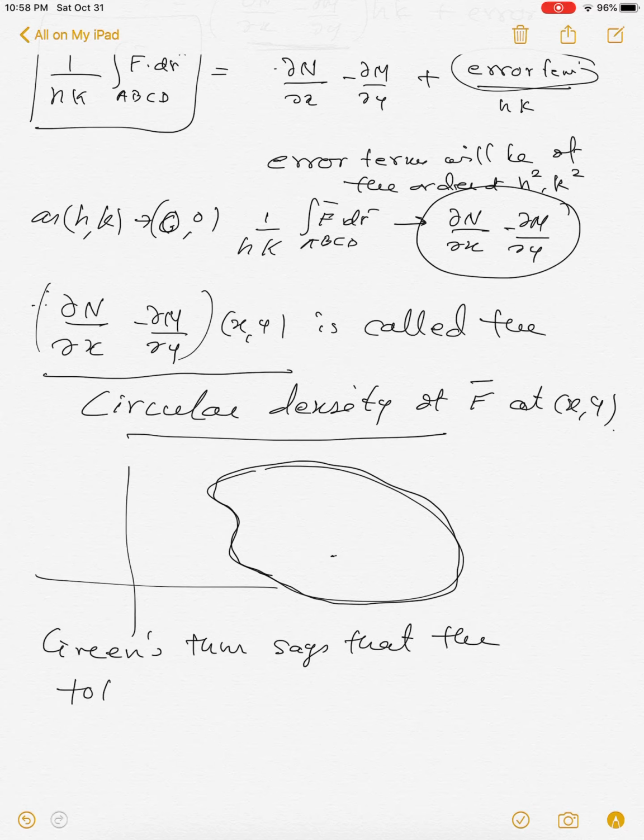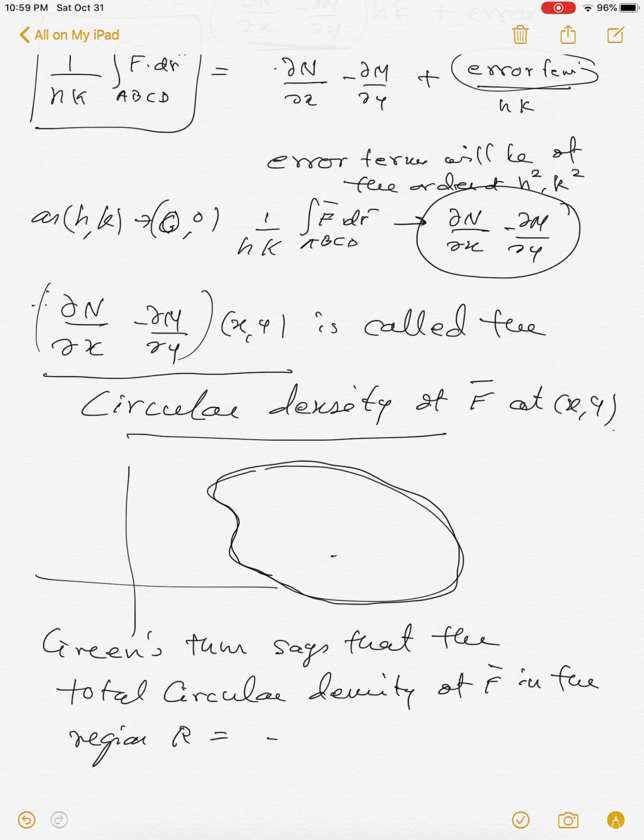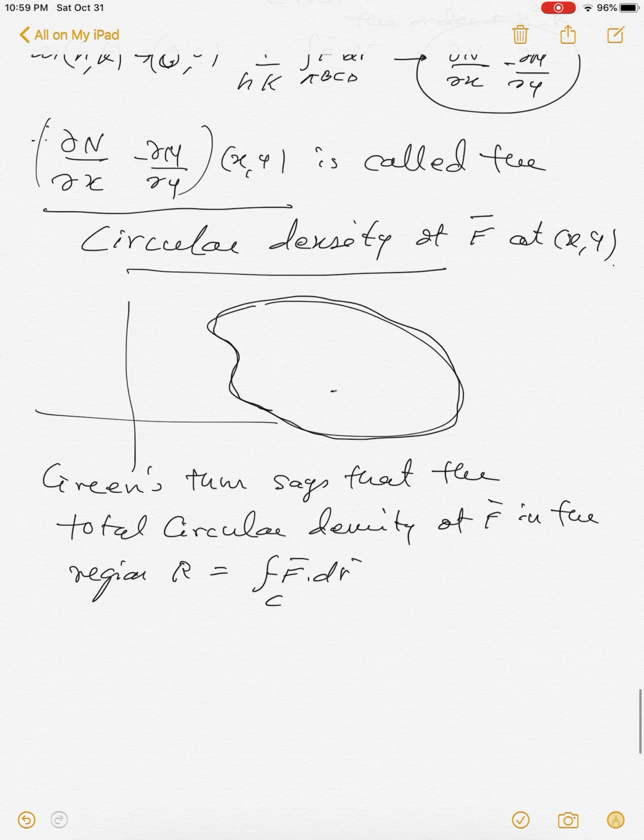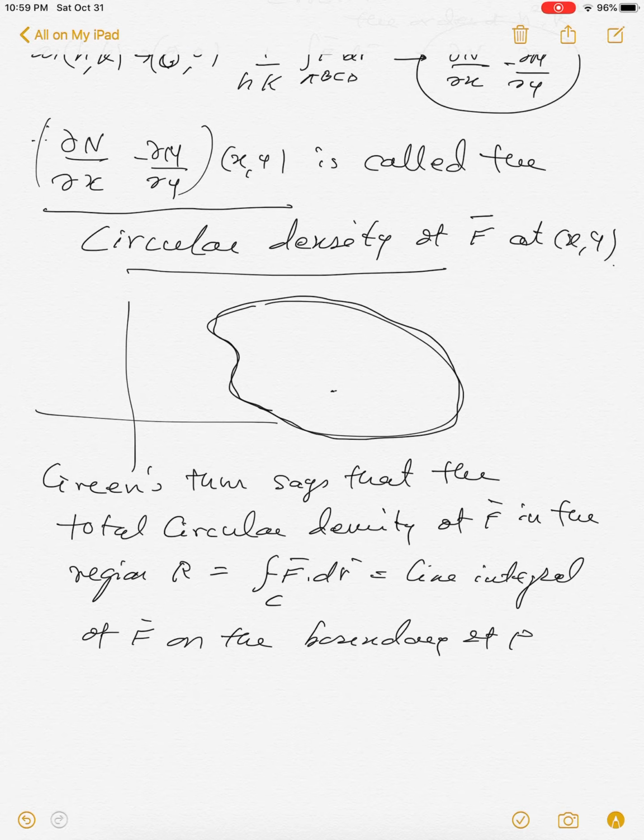So Green's theorem says that the total circular density of F bar in the region R equals the line integral of F bar dr bar over C, which is the line integral of F bar on the boundary of R.